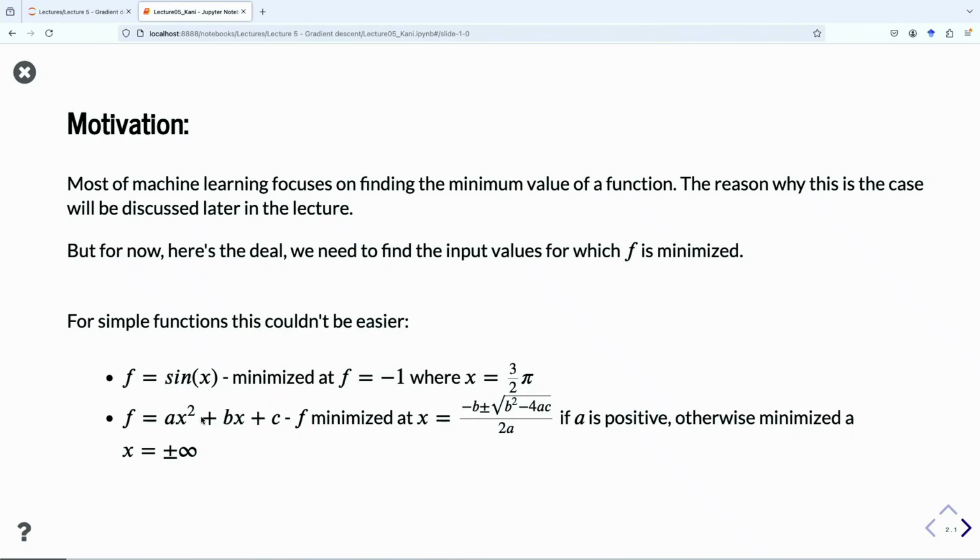You have other functions, for instance a basic power 2 polynomial function, where x is minimized at a particular root if a is positive. If a is negative, then you've got the parabola that goes the other way, that's not a cup, it's a, what's the word? It's a hump.